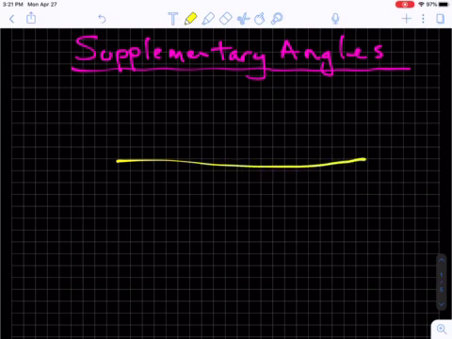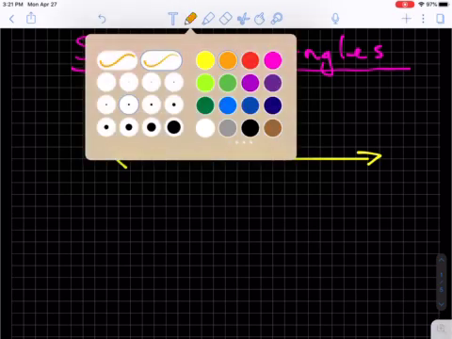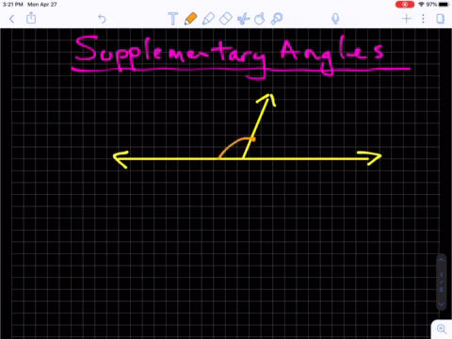So if I have a straight angle here that is the worst straight angle I've ever drawn in my life, and I break it up into two different angles, supposing I have this going on. I'm really glad I have that straightening tool on here. What supplementary angles tell me is that if I take this angle right here, and I add it to this angle, so angle 1 and angle 2, all right?